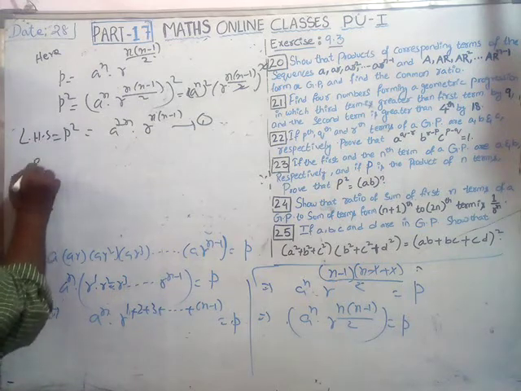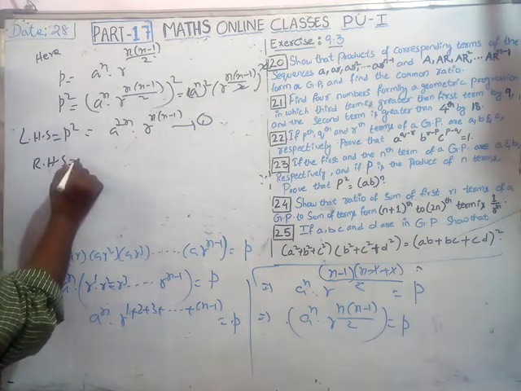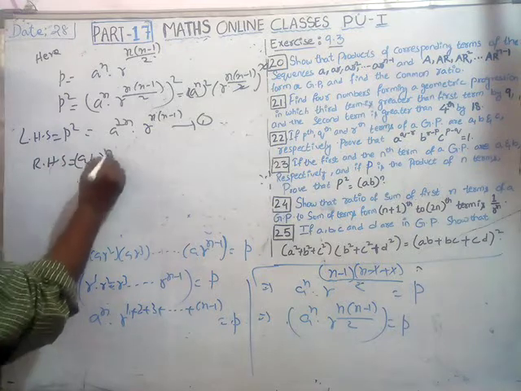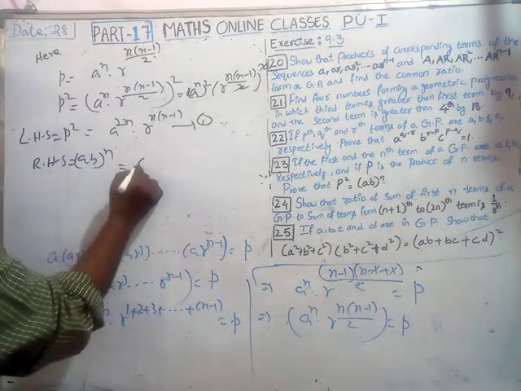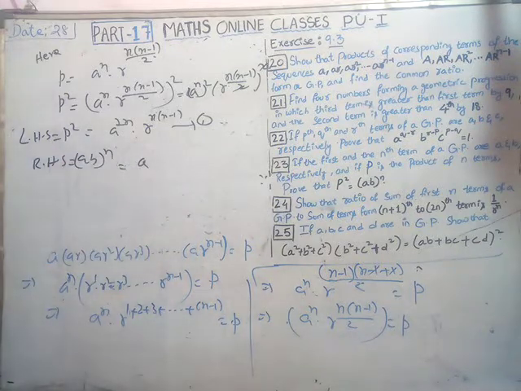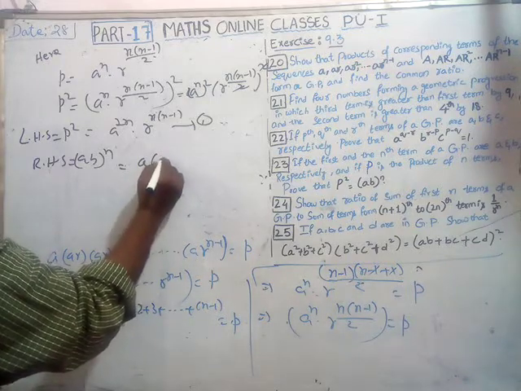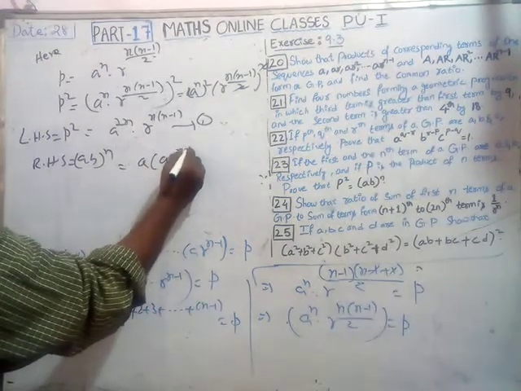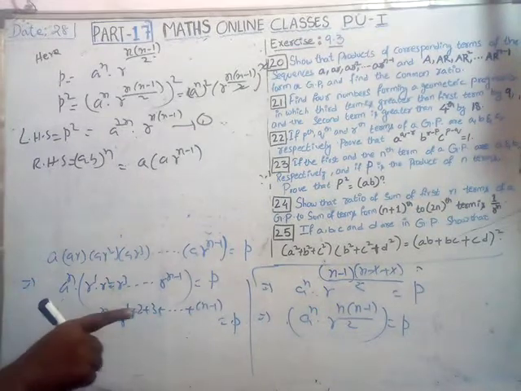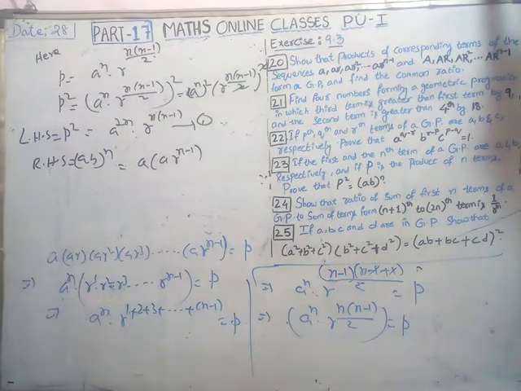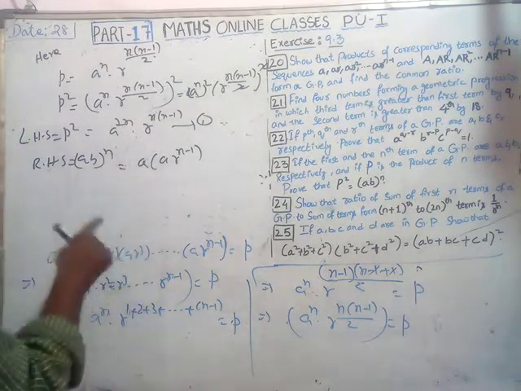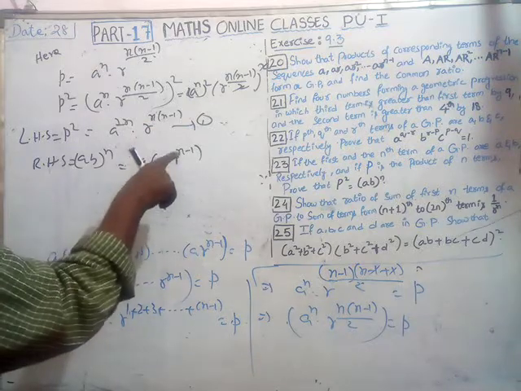Now the RHS we will take. RHS is AB whole power n. A is the first term, as it is A. And what is B? B means it is the nth term. The nth term is A R power n minus 1.